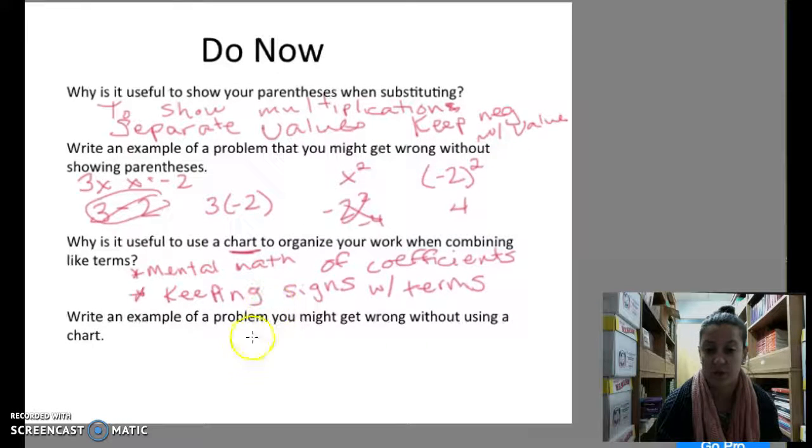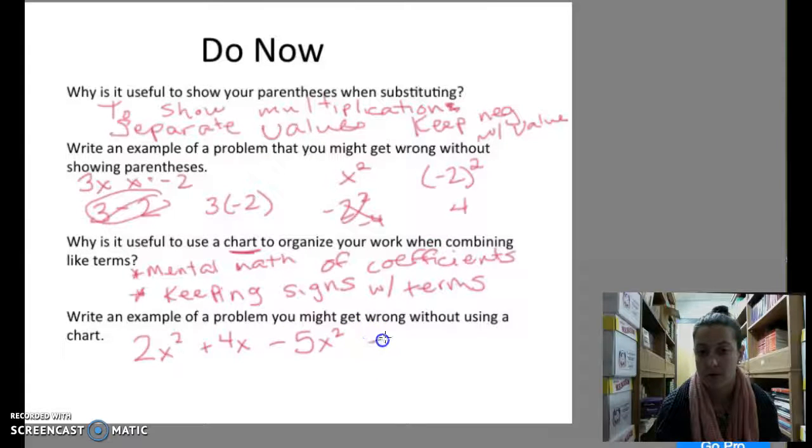So, an example of a problem you might get wrong without using a chart. Well, let's say 2x squared plus 4x minus 5x squared minus 2x. Well, this is a lot easier if you have a chart with x squared and x, because you could put 2x squared, 4x, -5x squared, and -2x.